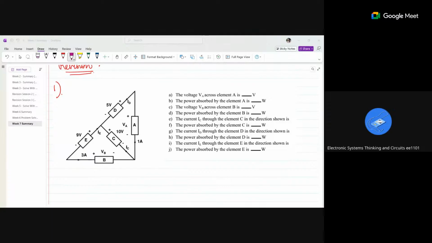Tell me what is the voltage VA across the element A. You will be using KVL, KCL, and power convention.